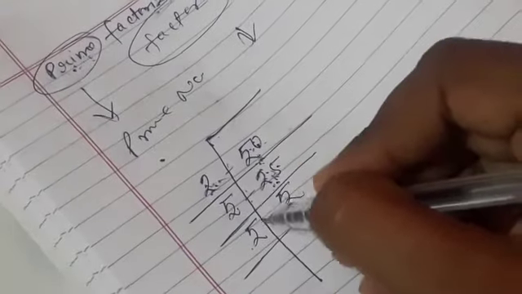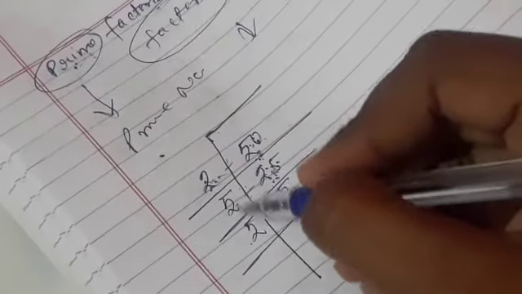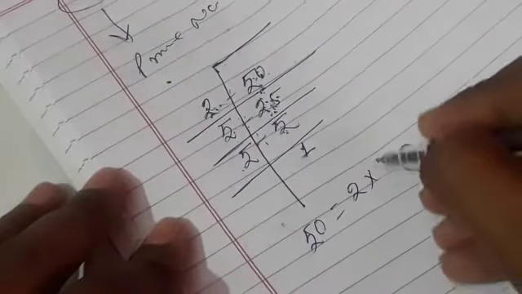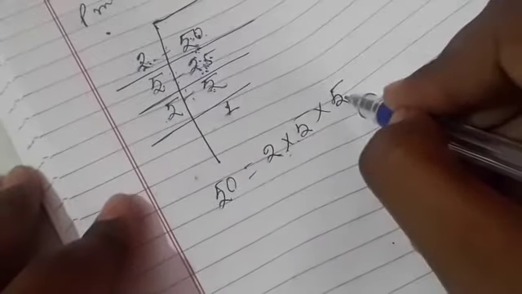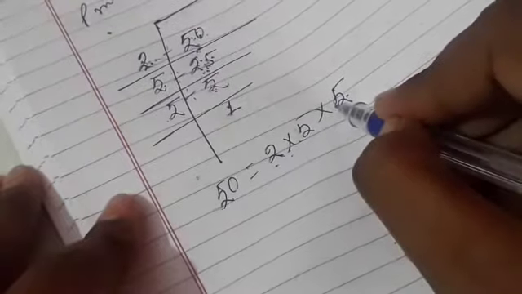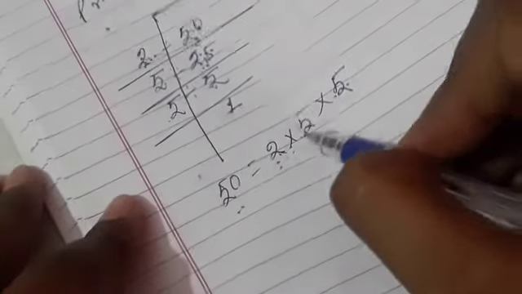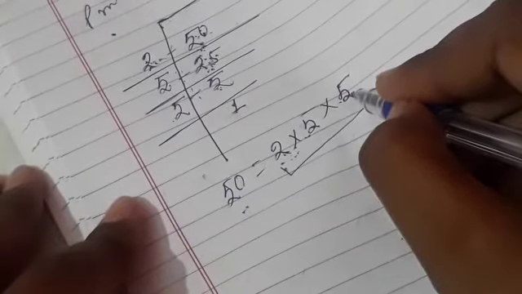So 50 divided by 2 is 25. 25 divided by 5 is 5. 5 divided by 5 is 1. So you can see, we can write 50 as 2 into 5 into 5, and all of these are prime numbers and all are factors of 50. The factorization of 50 is 2 into 5 into 5, and this is called prime factorization.